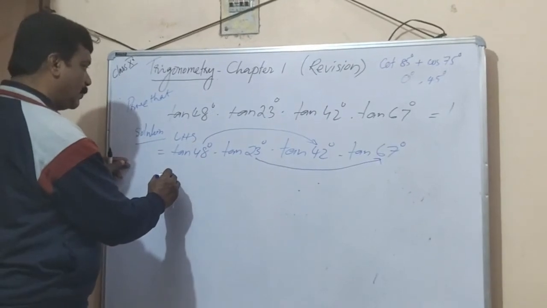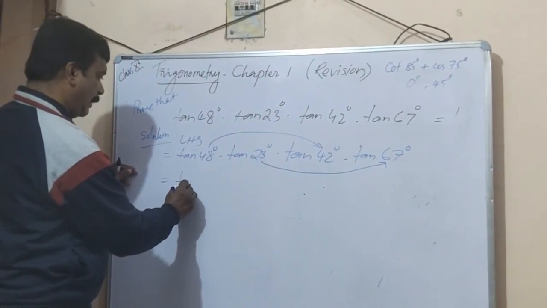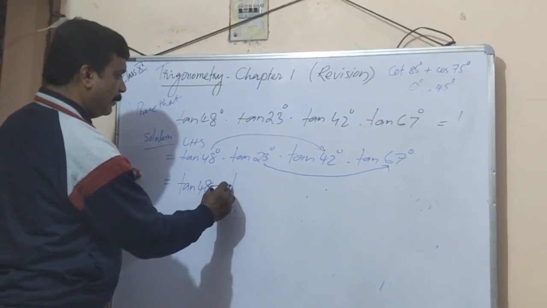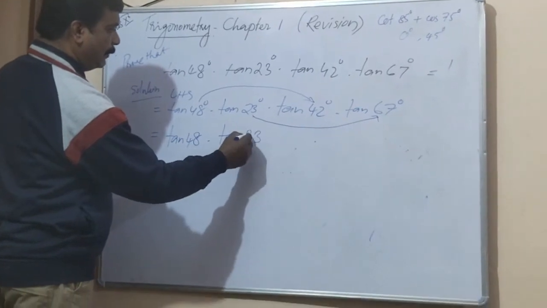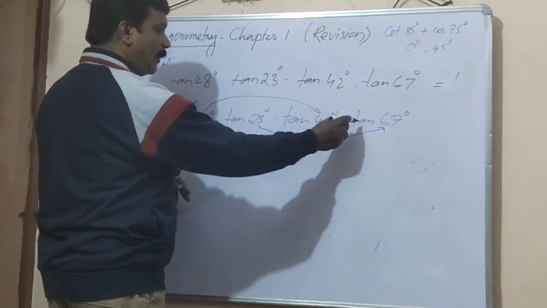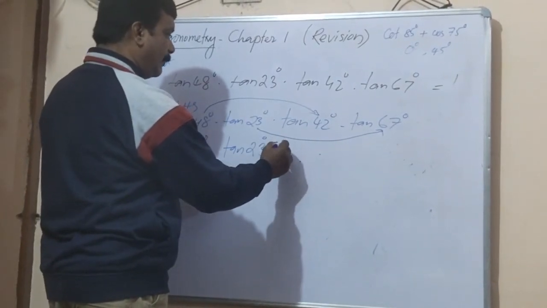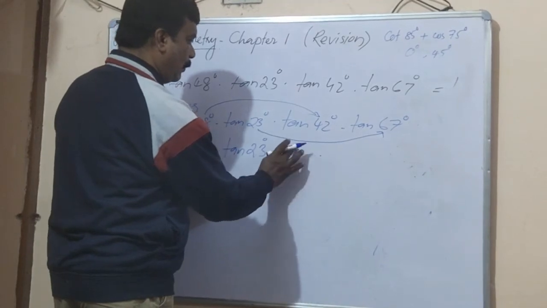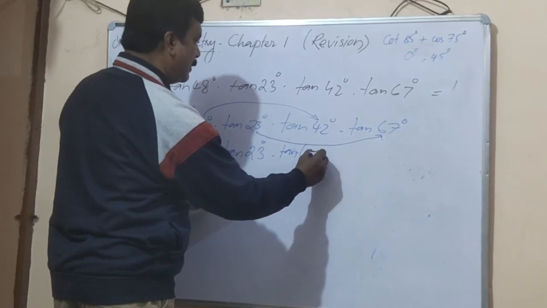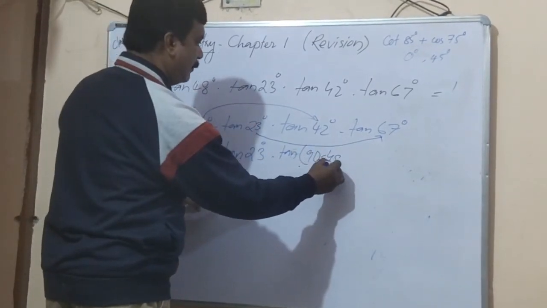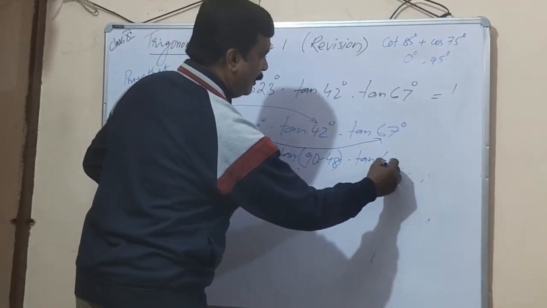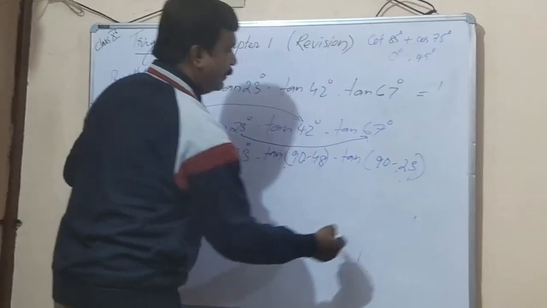So tan 48 into tan 23, leave as it is. Now we will make the changes over here. Tan 42 you can write as tan of 90 minus 48. Tan 67 is tan of 90 minus 23.